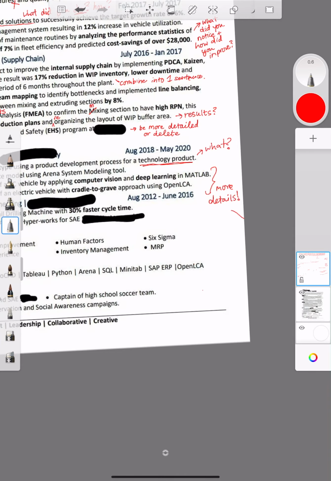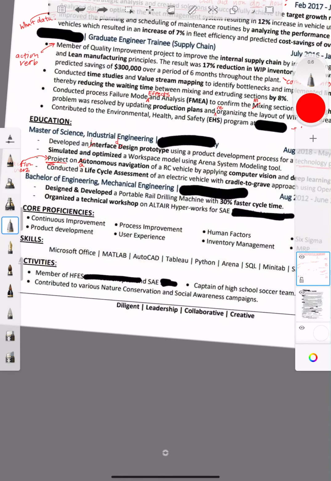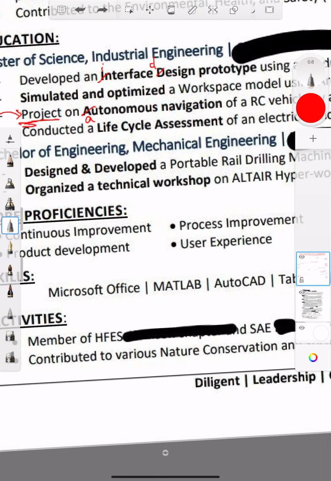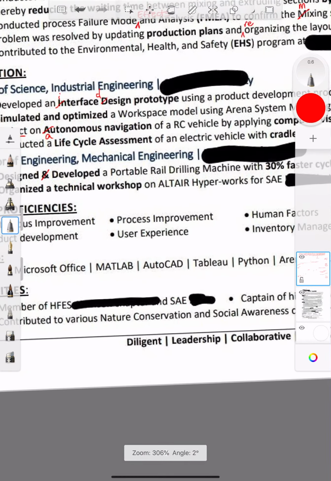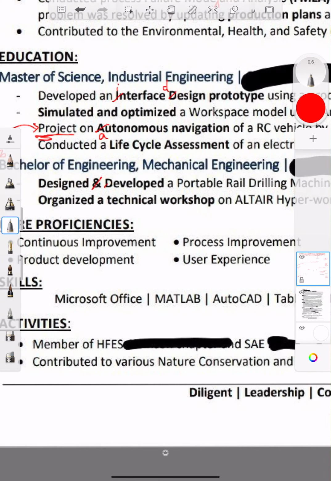All right, so are we done with this section? Yeah, so there's two little projects under his bachelor's or her bachelor's. "Designed and developed." I think they just used this ampersand because they were running out of space. But you need to lowercase this if it's going to be a sentence.